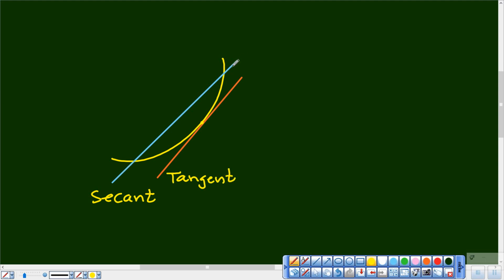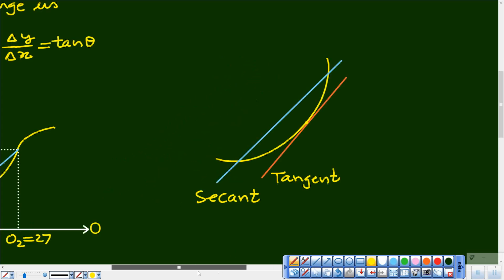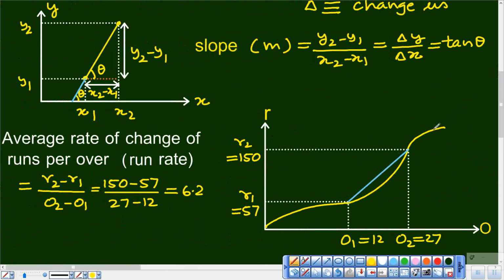A secant cuts any curve at more than one point, whereas a tangent cuts a curve at two coincident points, that is, it touches the curve. So can't you see that this blue line is the secant to my run versus over curve? So this can be written as the slope of the secant.